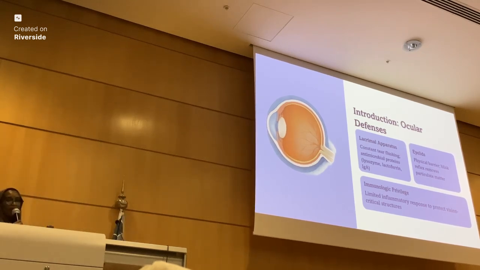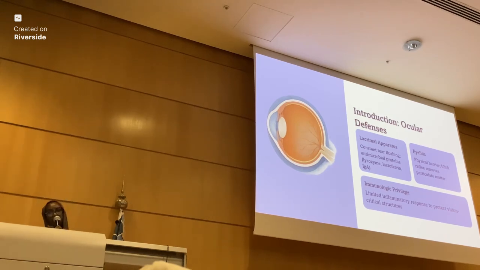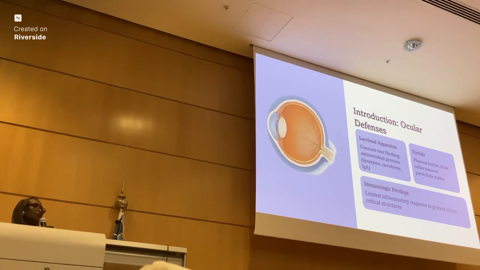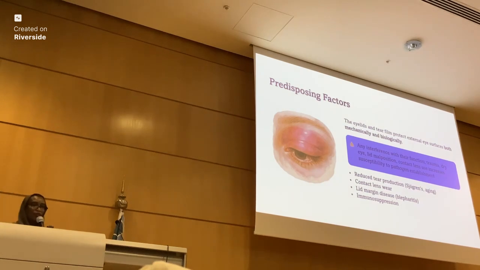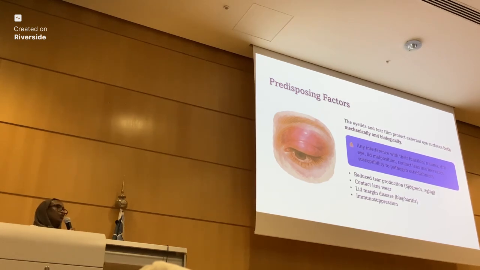So both structural and physical barriers help the eye to be protected from infection. But we also know there are certain conditions where any imbalance in what I just mentioned could be a predisposing factor to initiate the infection.